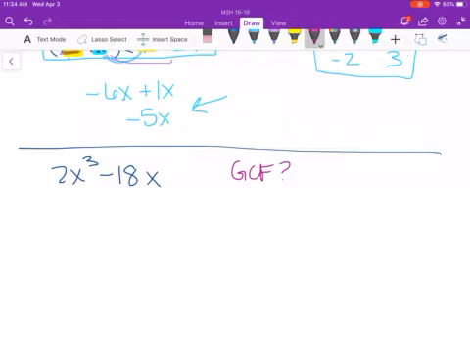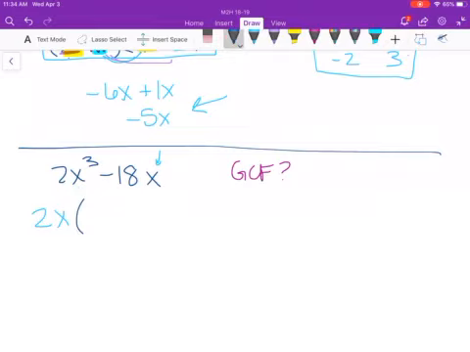You would notice that they're both even, so you can divide them by 2, and that seems to be the biggest number that divides both 2 and 18. So a 2 will come on the outside, and you have x cubed and x, which means you can take out an x from both. You can't take out an x squared because this term only has one x, so you can't take out any more than what is there.